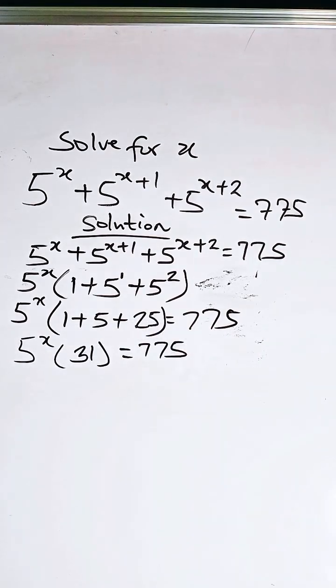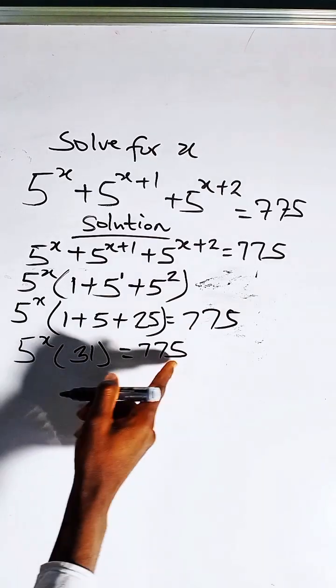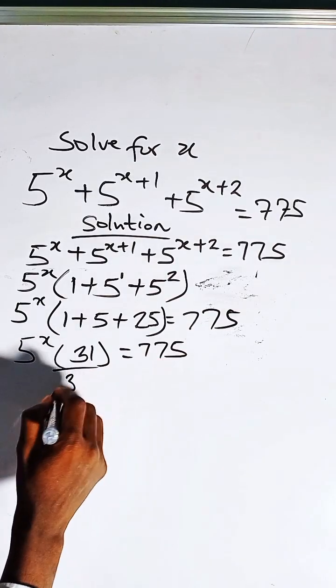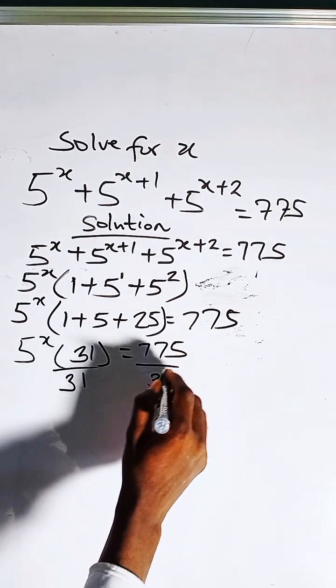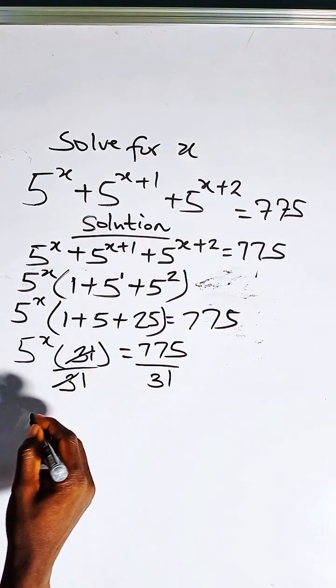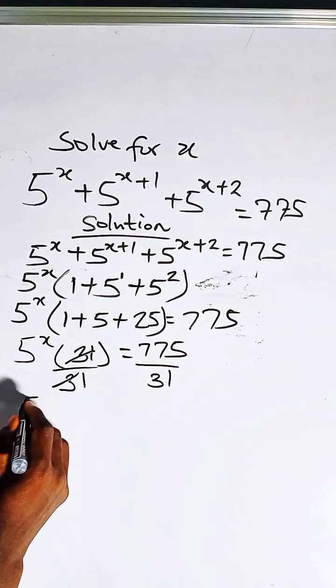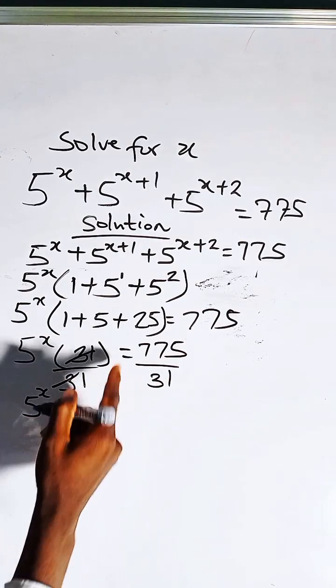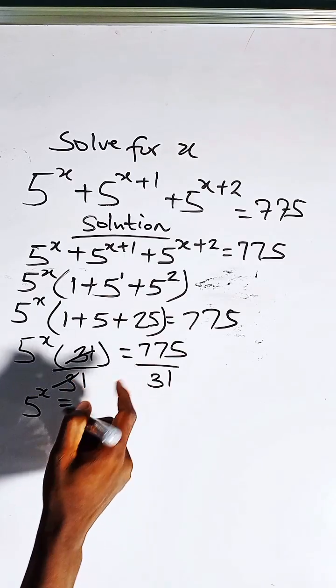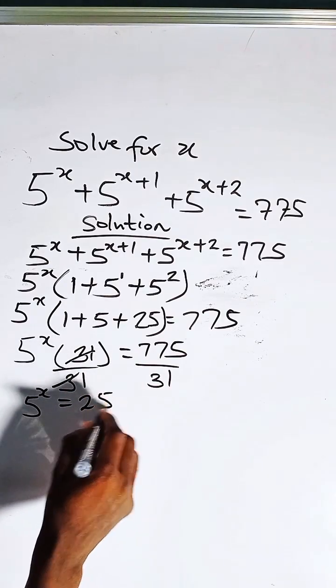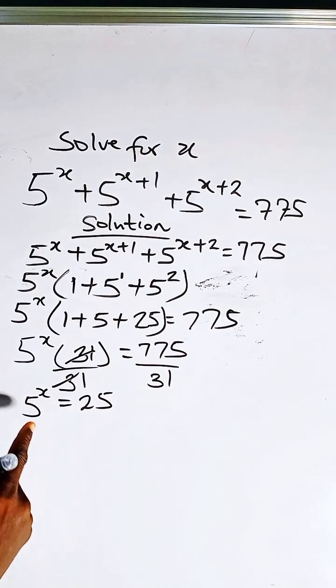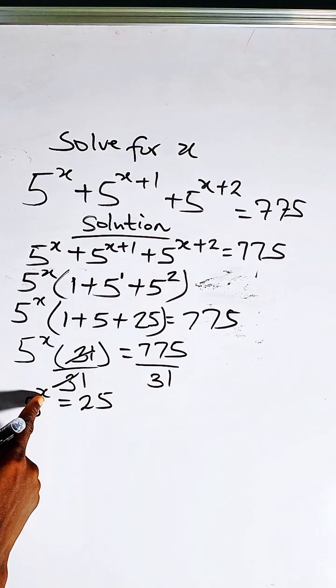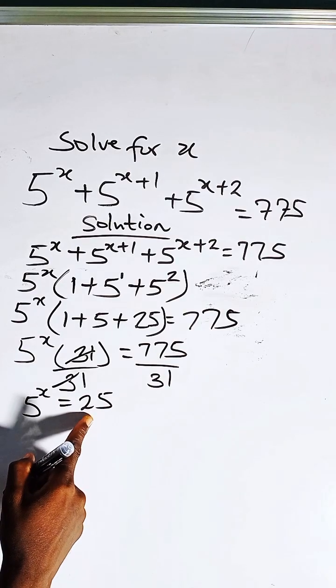So let us isolate this by dividing both sides of the equation by 31. So when we do this, the 31 cancels out. So what do we have? We have 5 raised to the power x equals, when we divide 775 by 31, we have 25. So we can easily get the value of x by putting this in index form.